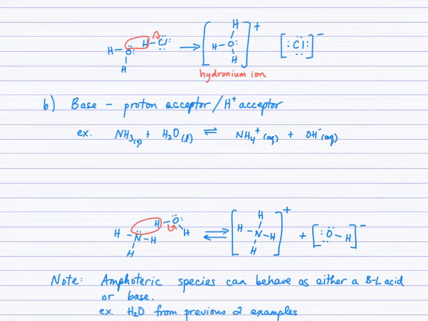So, conjugate acid-base pairs here. Well, the ammonia is behaving as a Bronsted-Lowry base because it is accepting a proton. What's the particle that's formed when this base accepts a proton? Well, it forms the ammonium ion.